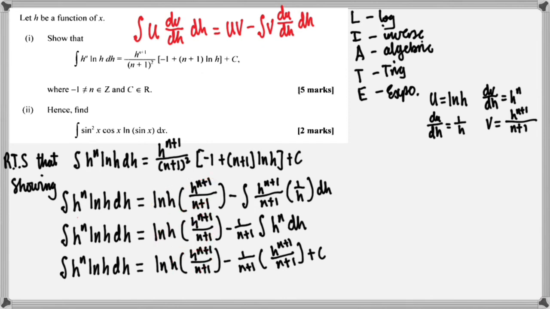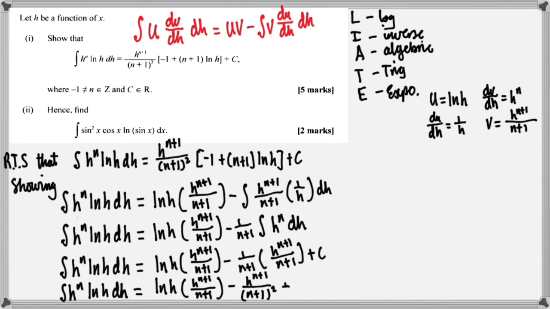And the next thing we can do is multiply this by this here so that we could further simplify a little bit and see where we are in terms of getting what they want us to show. So this here does not really look like what they want us to show.